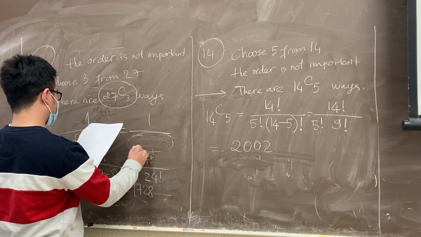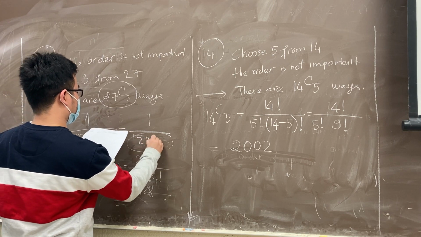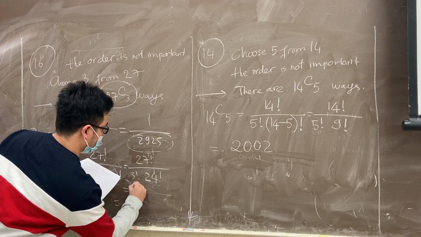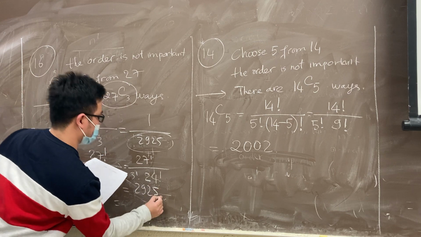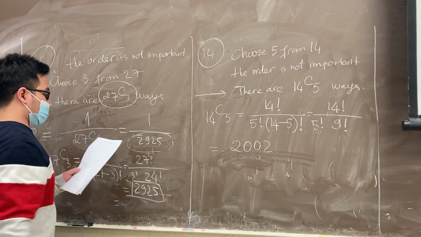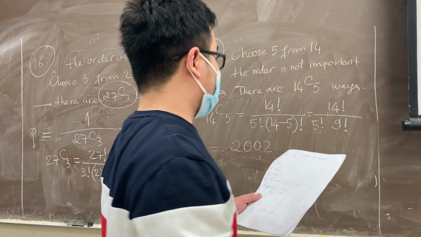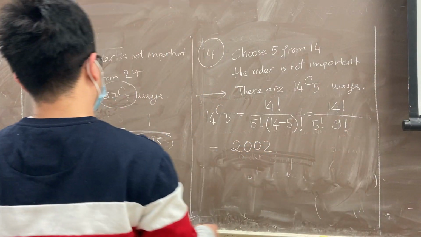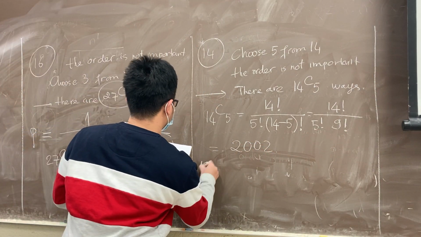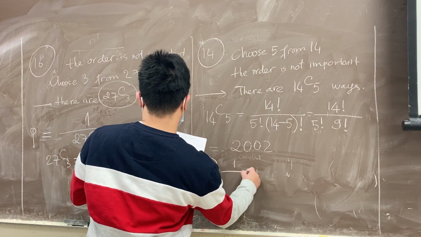So this should be 2925. Okay, so check by yourself. Maybe use a computer. Check by yourself. And the answer for 15 is 1.